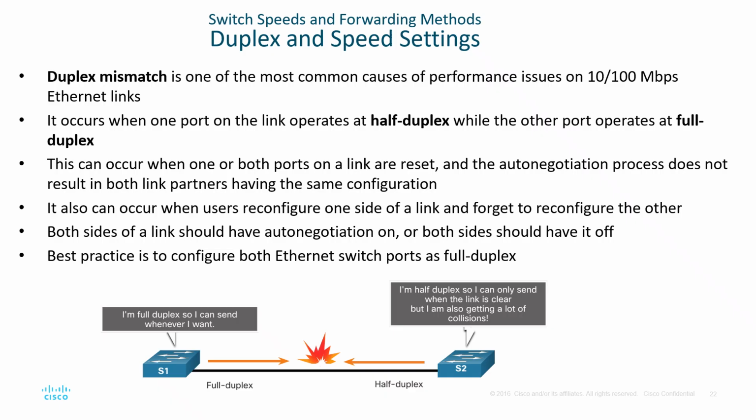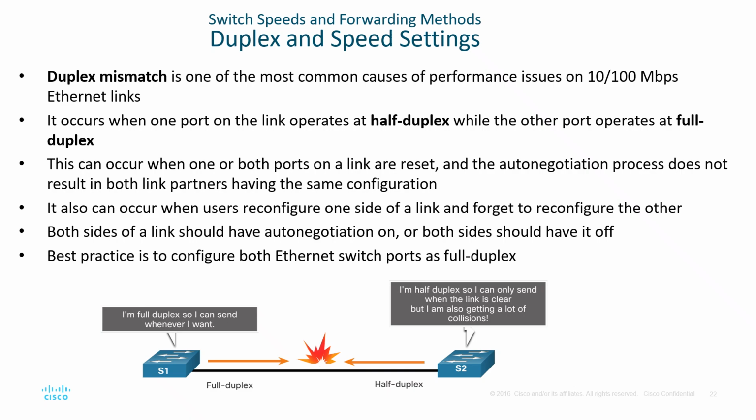It occurs when one port on the link operates at half duplex, while the other port operates at full duplex. This can occur when one or both ports on a link are reset, and the auto negotiation process does not result in both link partners having the same configuration. It can also occur when users reconfigure one side of the link and forget to reconfigure the other.